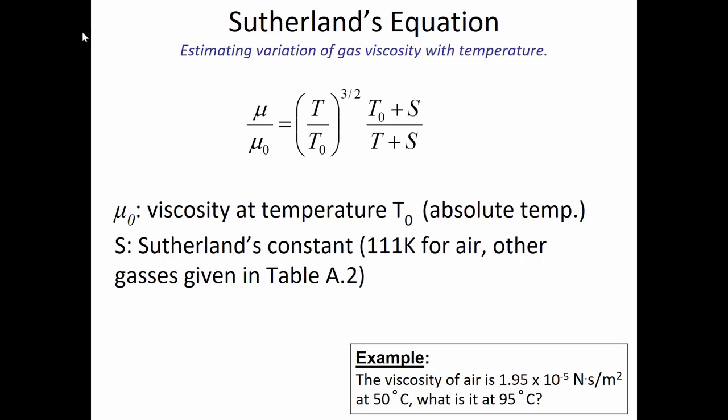Sutherland's equation would be used, for example, on a question like this: the viscosity of air is 1.95 times 10 to the minus 5 Newton seconds per meter squared at 50 Celsius.